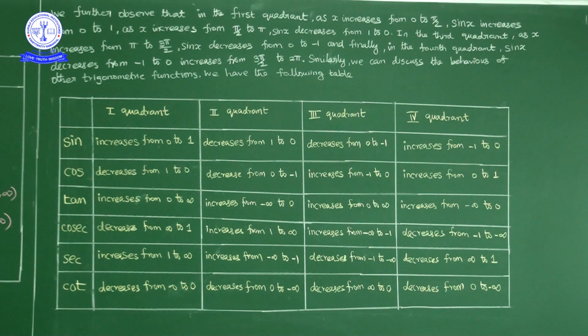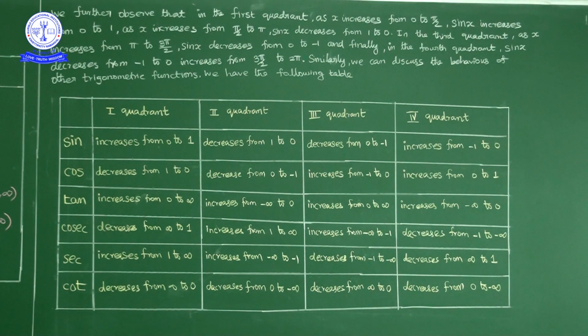Okay, now up to here sine is positive in first and second quadrant, negative in third and fourth quadrant. Cos is positive in first and fourth quadrant, negative in second and third quadrant. Okay, tan is positive in first and third quadrant, negative in second and fourth quadrant.